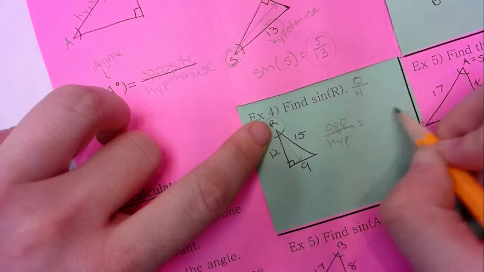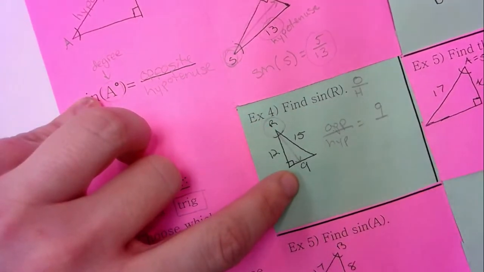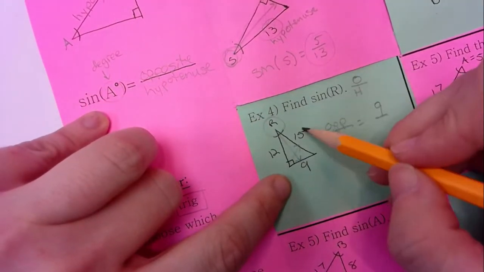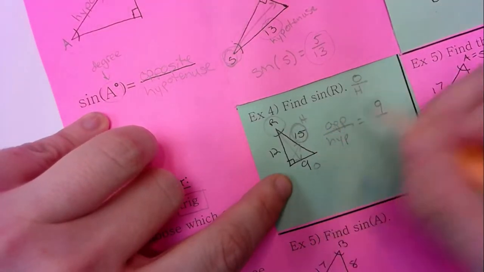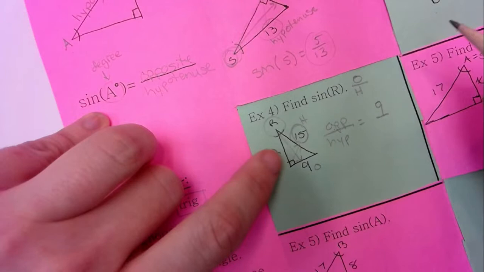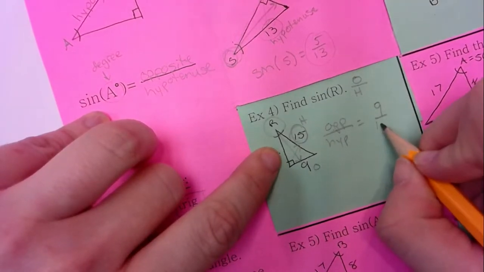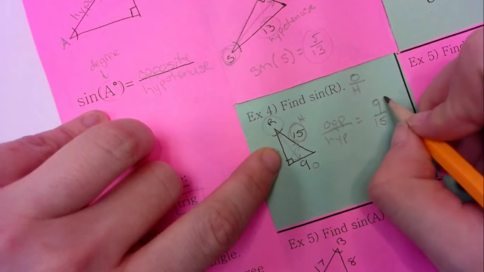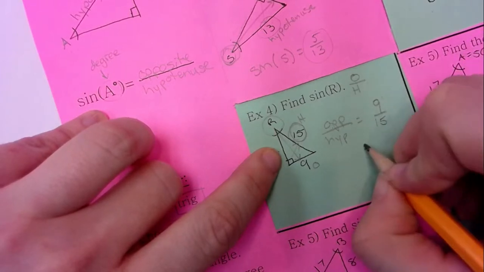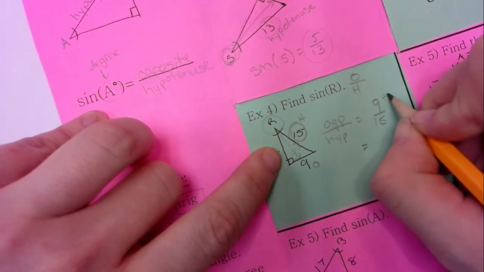So the 9, and then the hypotenuse is across from the right angle, and it does have to be the longest side. So this is hypotenuse, this is opposite, that must be adjacent, which I don't need. So 15. Now that I can simplify. I can divide both of these numbers by 3.